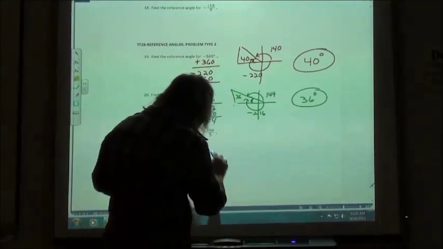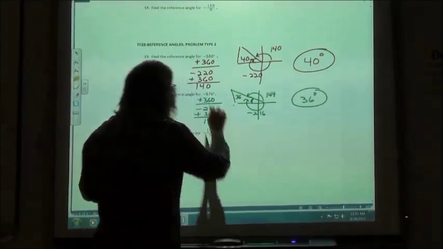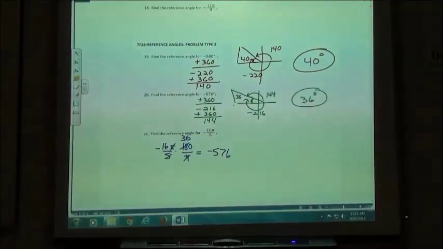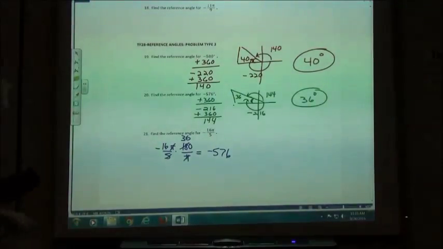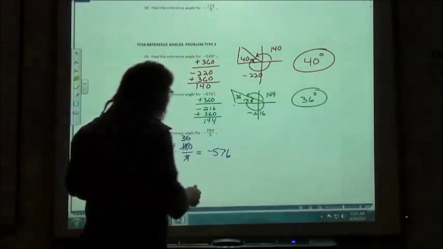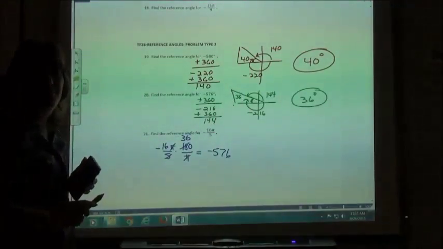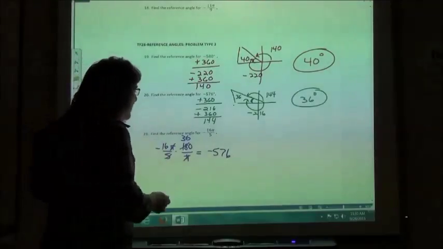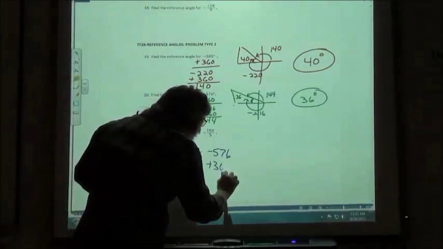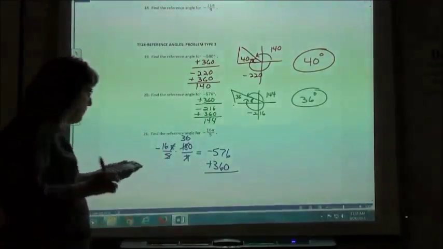I was so flustered that they gave me the exact same angle that they gave me up there on the previous problem. Oh well. So once it's in degrees, I can change it so that I have an angle either between 0 and negative 360 or 0 and positive 360. Since it's negative, I'm just going to keep adding 360 till I have what I want.